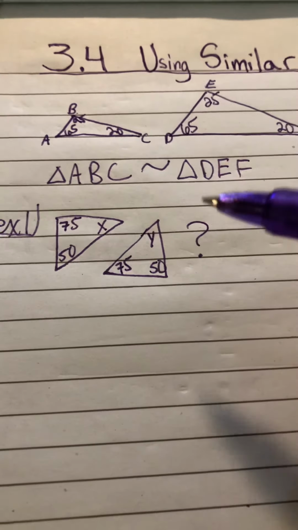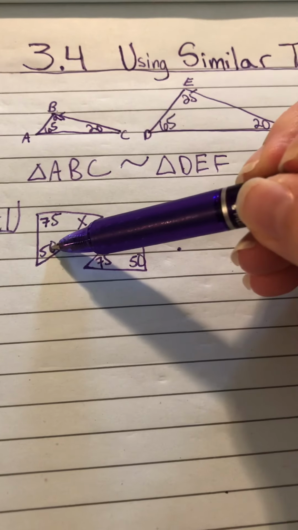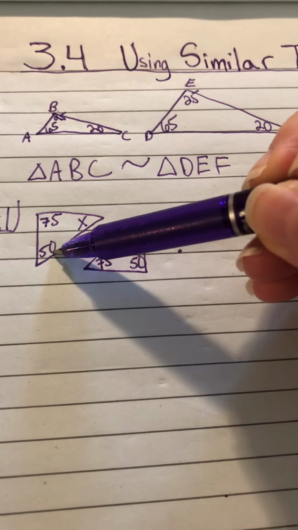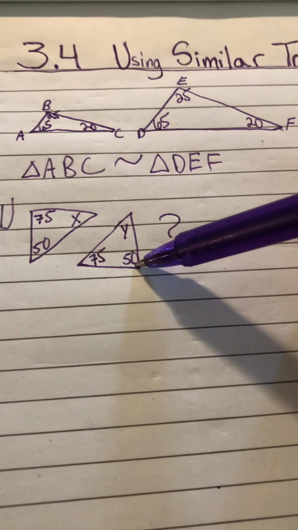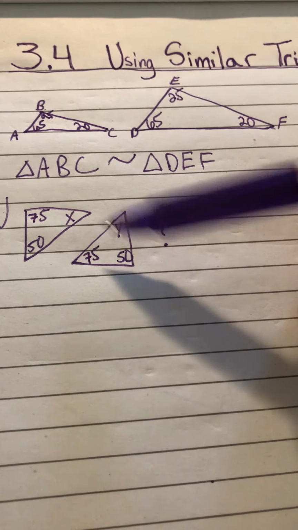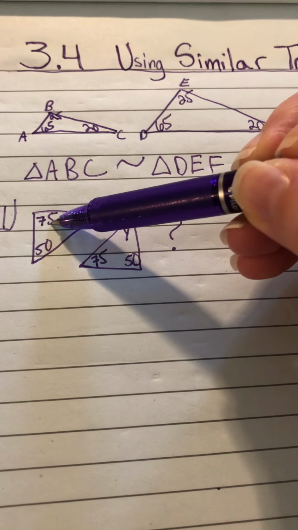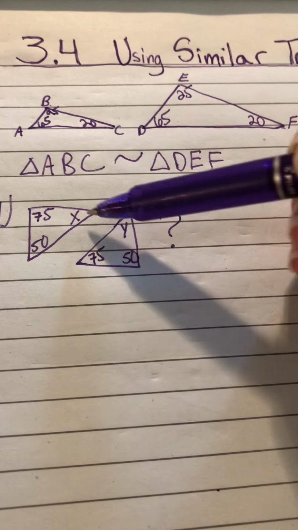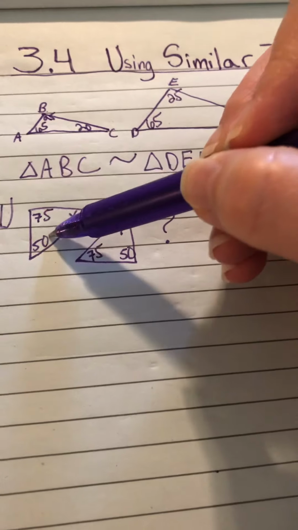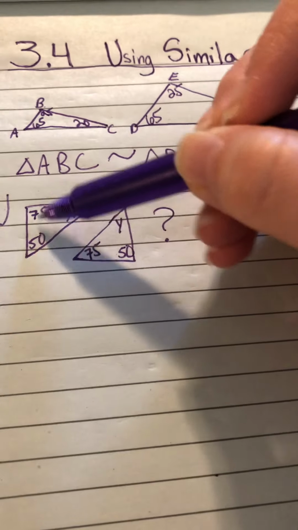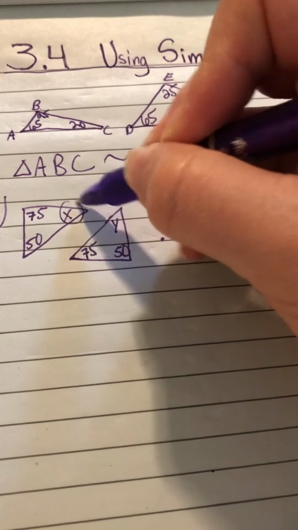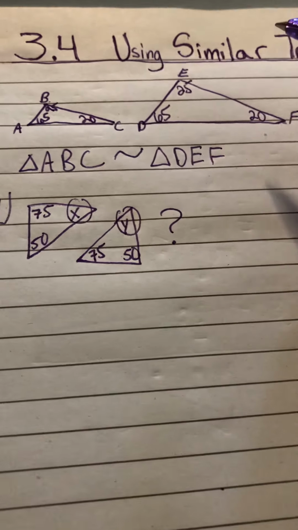Well, let's take a look. This triangle has an angle that's 50. This triangle also has an angle that's 50. This triangle has an angle of 75, as does this one. And that means if they have two angles the same, X and Y must be equal to each other.